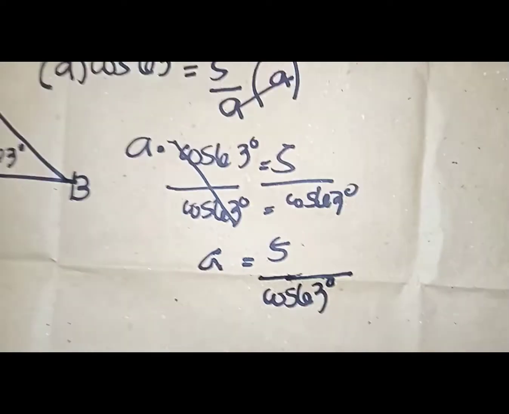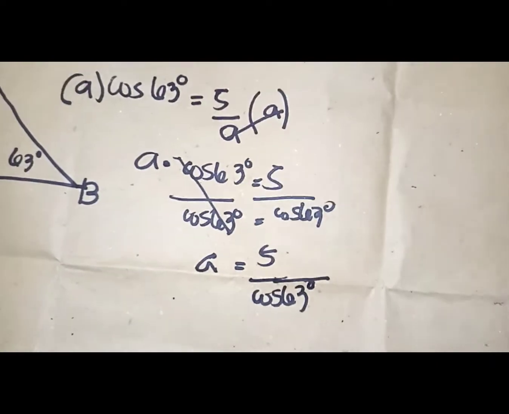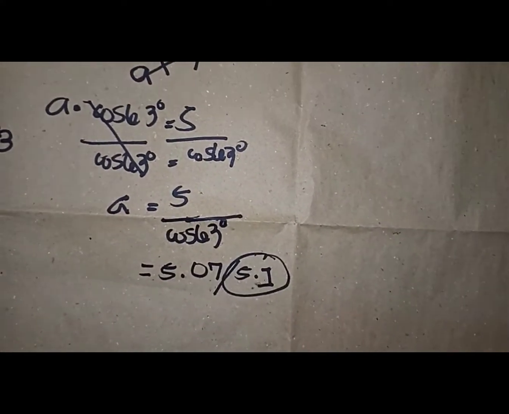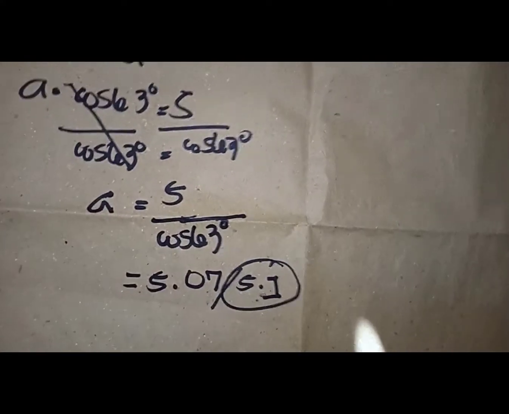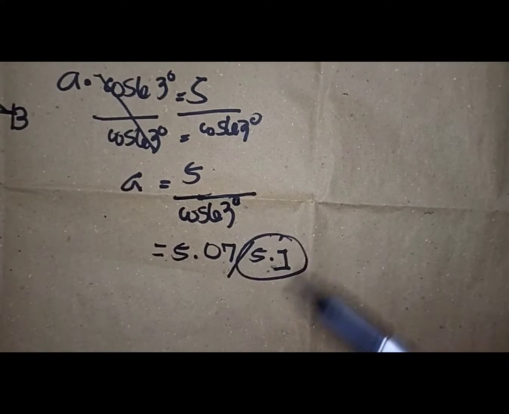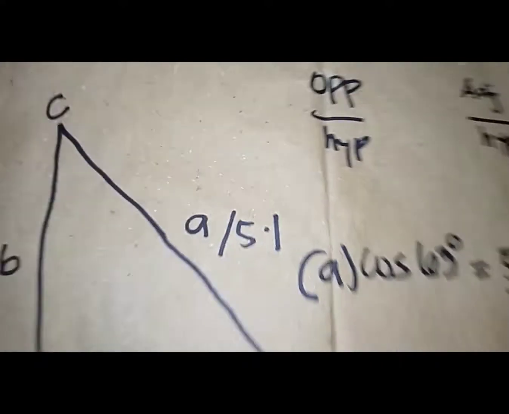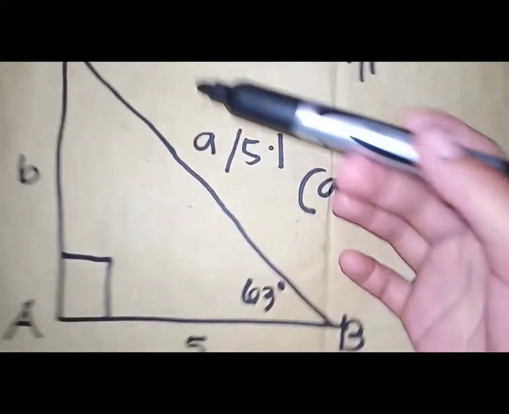Use the calculator to find the answer. Five over cosine 63 degrees is equal to 5.07 or 5.1. So A is equal to 5.1.